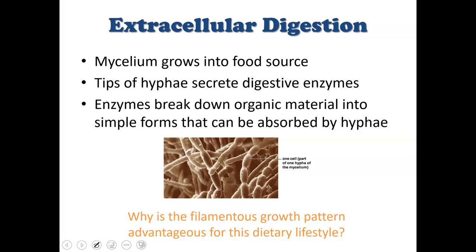So what's the one thing that a fibrous body has that a solid body wouldn't have? And the answer is a very high surface area to volume ratio. When your body is made up of individual fibers that are only one cell thick, right, every cell has contact with the environment, and every cell has contact with the available food source.